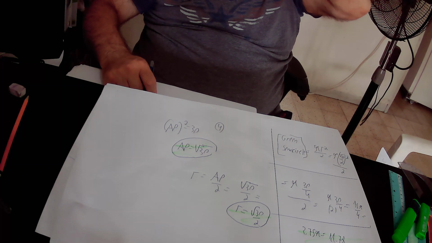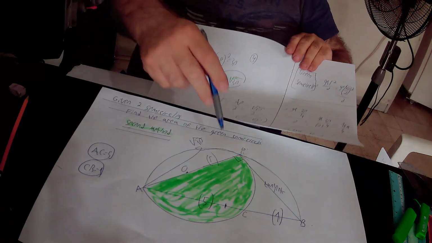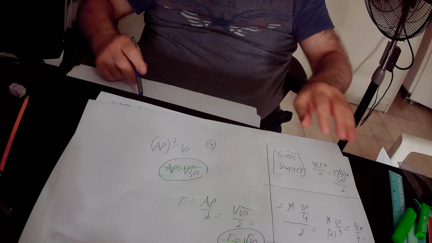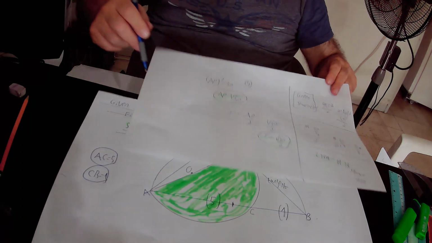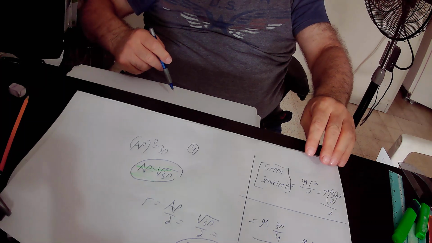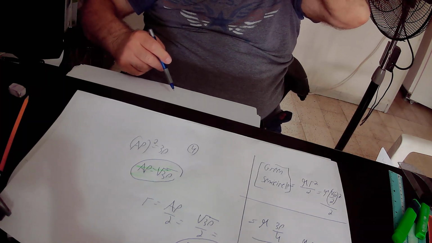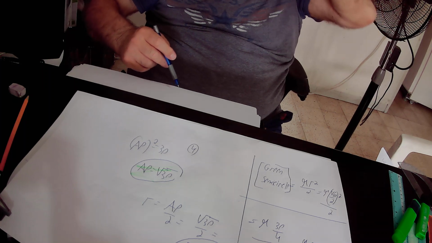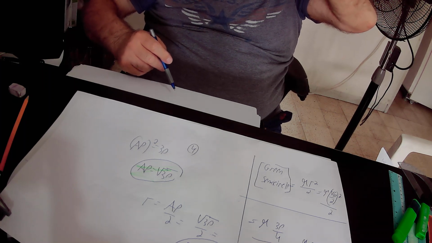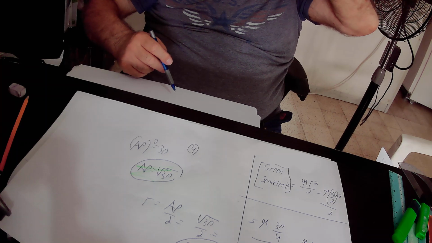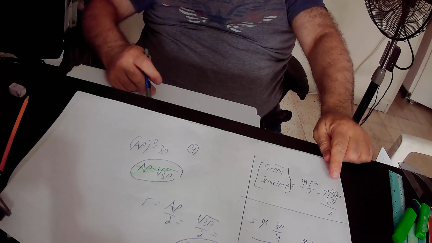The area of this green semicircle equals the area of the circle over 2, that is pi r squared over 2. The radius of the semicircle R equals the square root of 30 over 2. Therefore, the area of the green semicircle is pi r squared over 2, so it is pi and r is square root of 30 over 2.